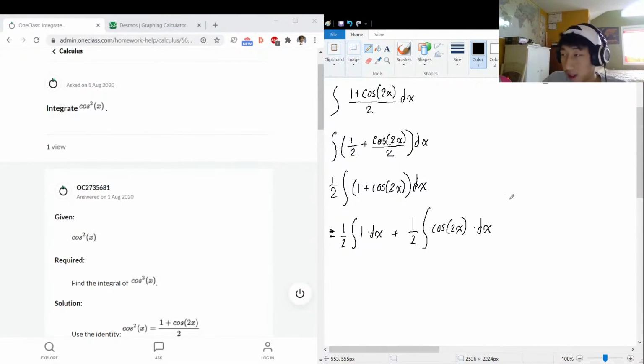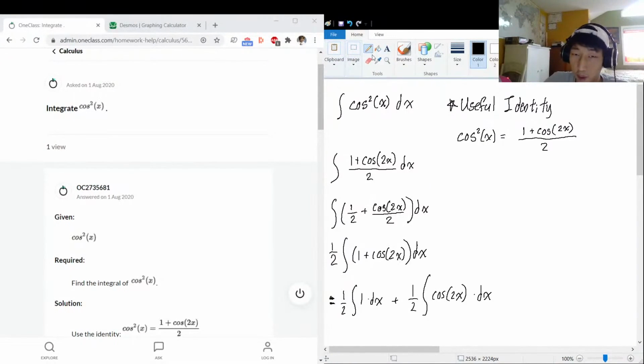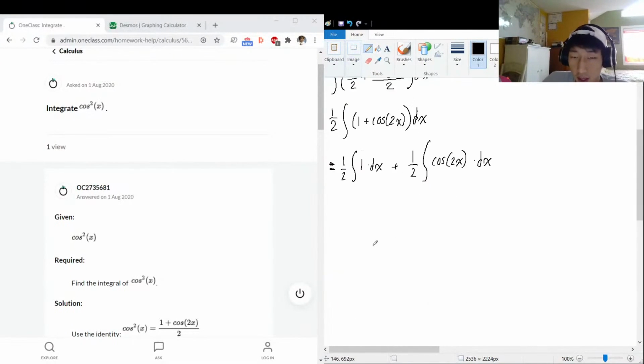Okay, nice. Now, this should not feel as difficult as it did before when it was just cos squared of x.